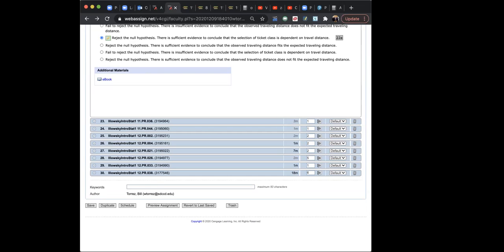The critical value is going to be higher than 16, sorry, it's going to be to the left, isn't it?